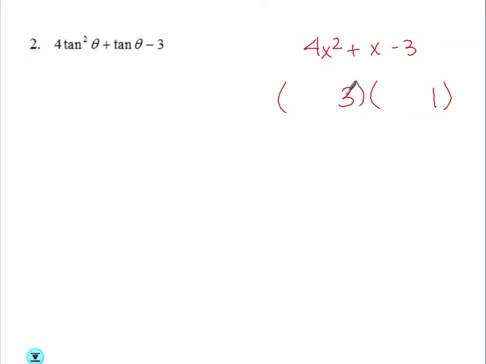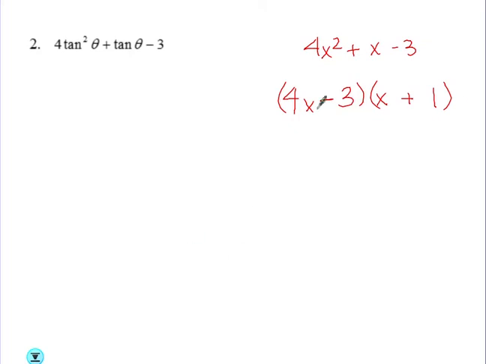In my thinking, as I'm trying to do this, I know that I have to get this to add up to positive x in the middle. So if I have 4 times 1 and 3, and the 4 is positive, the 3 is negative, I'll end up with positive x as my middle term. If you have trouble following this and you want to use one of the other methods to factor, go right ahead.